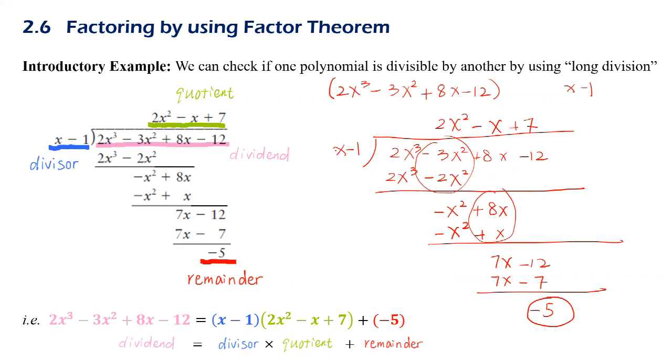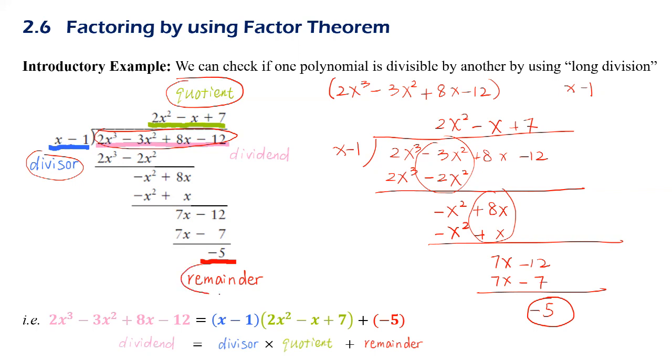This is if we try to use x minus 1 to divide the original expression. So note here we have some terms. The original expression here is called the dividend, and the denominator here is called the divisor. And what we have got here is called the quotient.